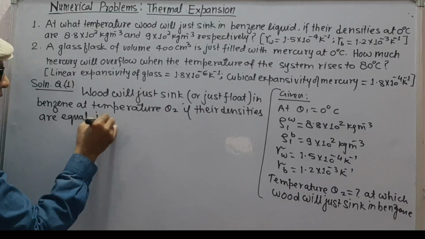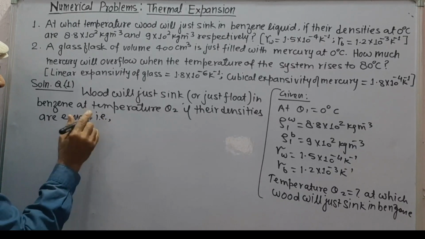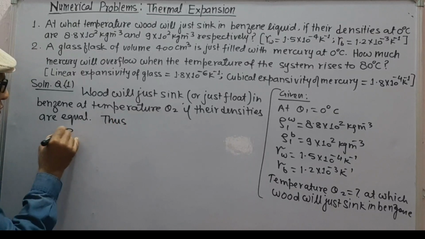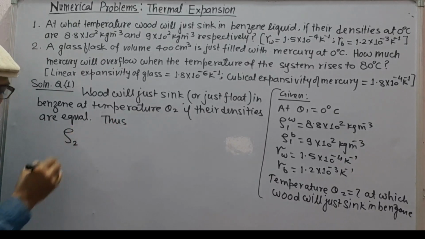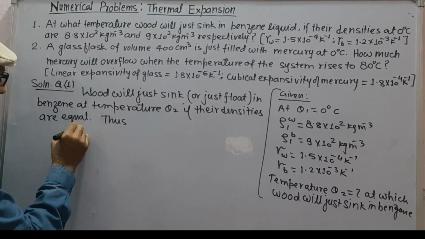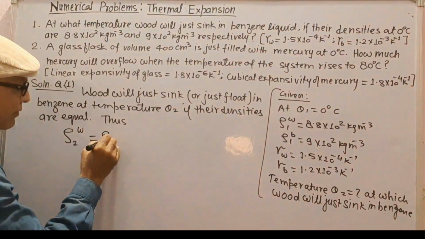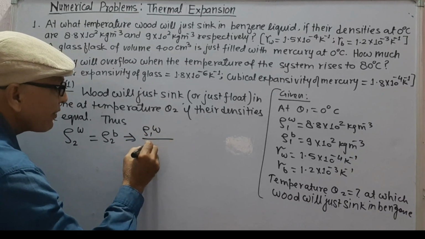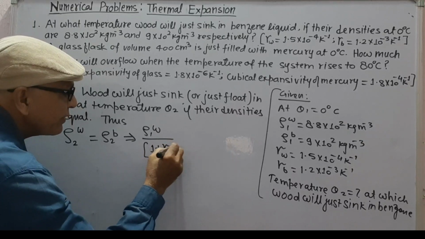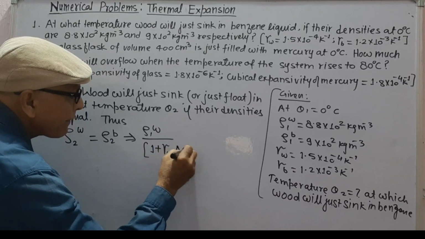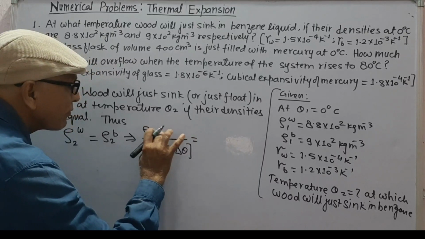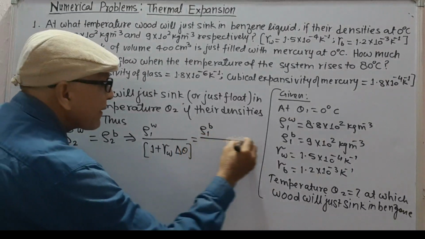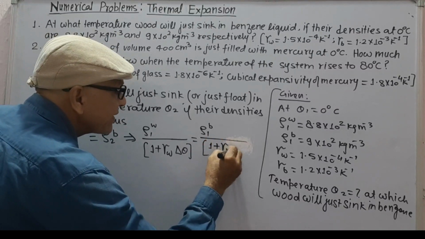That is, thus rho 2 of wood must be equal to rho 2 of benzene, which means that rho 1 of wood upon (1 plus gamma of wood delta theta) is equal to rho 1 of benzene upon (1 plus gamma of benzene delta theta).